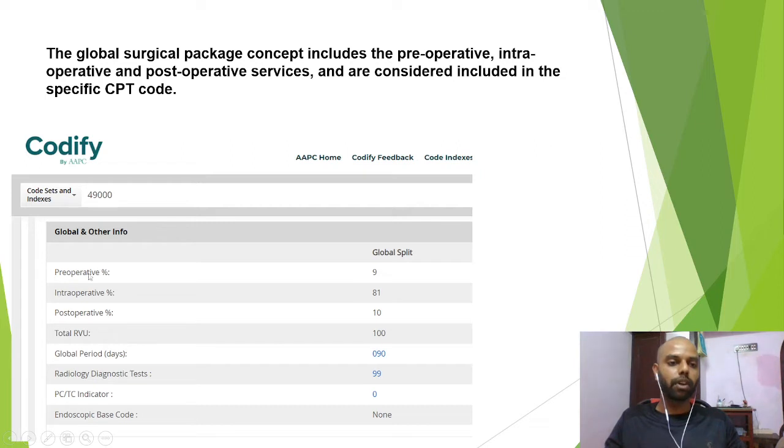Here, the 49000 CPT code has a 90-day global period, and when we are billing this to the insurance, they do not pay separately for preoperative, intraoperative, postoperative. They pay 100% combined, like for preoperative 9%, intraoperative 81%, for postoperative 10%. So they pay 100% completely for the global procedure.